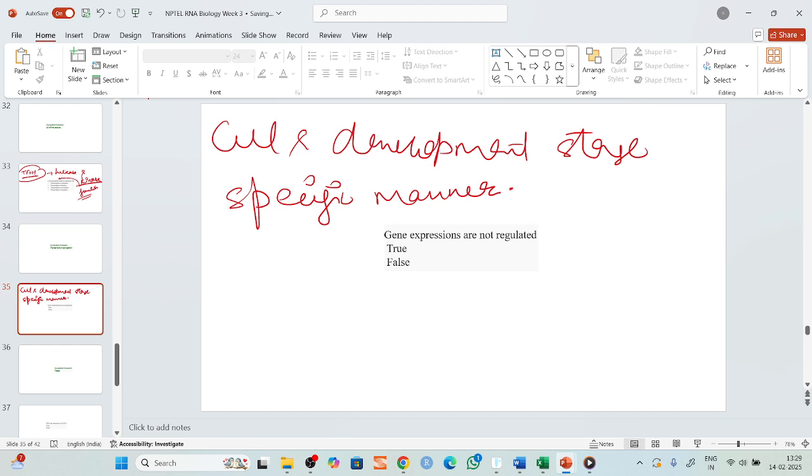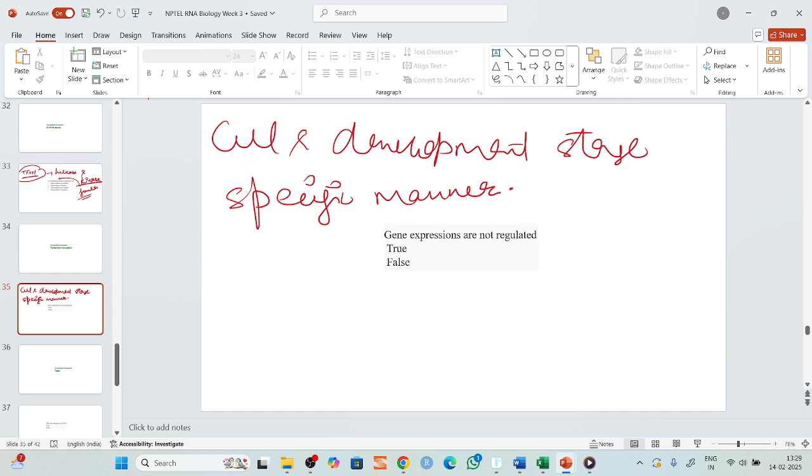What does that mean? All the genes are present in all the cells, but not all the genes are expressed at the very same time. How does that happen? Because the expression of genes is regulated.